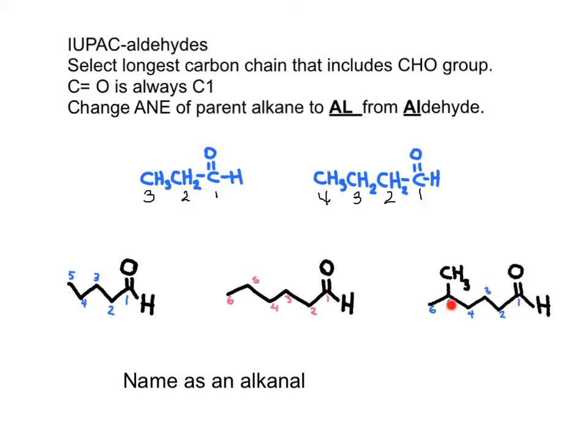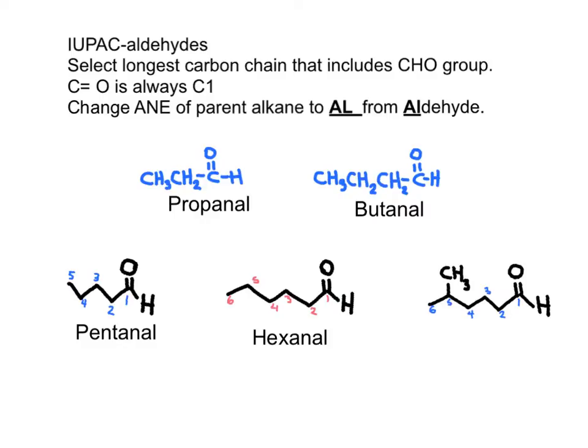However, this one has a methyl group on carbon number 5. So we need to find the locant for the position of the substituent methyl group. Repeating, this is propanal because it's 3 carbons long, butanal 4 carbons long, pentanal, hexanal, and this one 5-methyl hexanal.